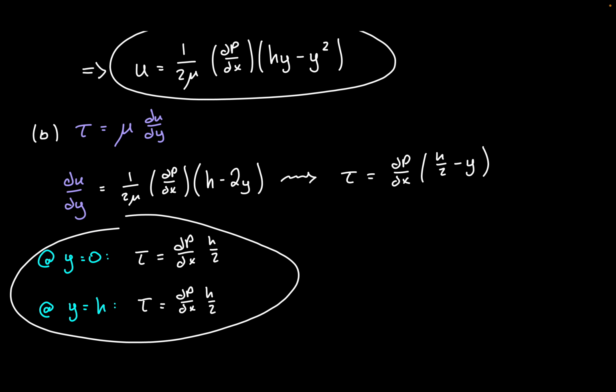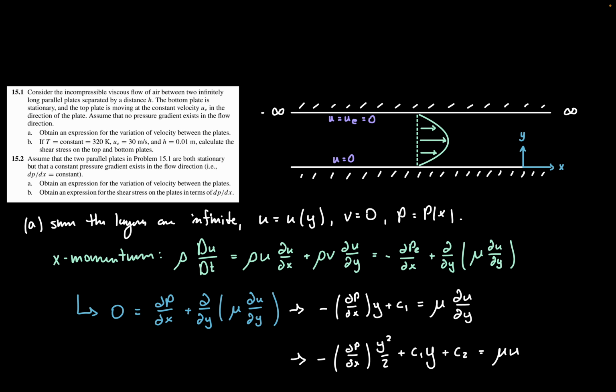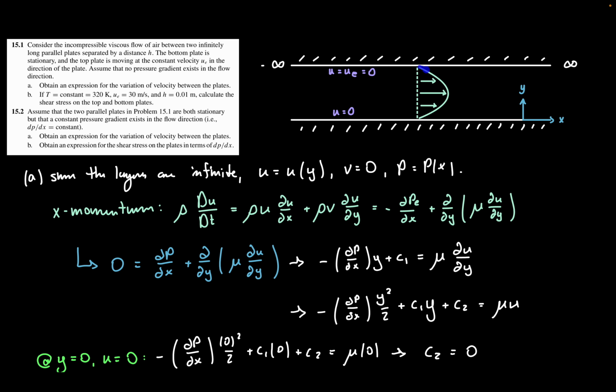So now you might be thinking, wait a second, how do we have positive for both? Because at the top layer, we'd have h divided by 2 minus h, so we should have negative dP dx times negative dP dx times h divided by 2. But the reason we actually have positive is because at the top here, notice we have a negative, essentially du dy.